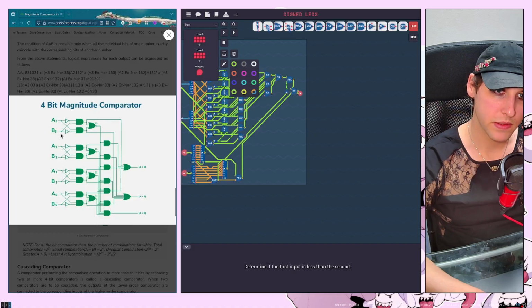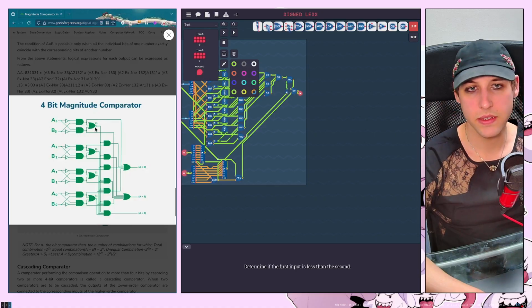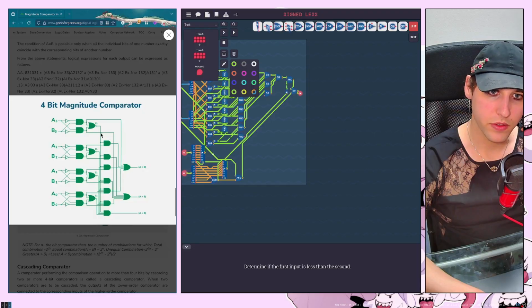So B, yes. If B is true, A is not true, then B is greater than A. This is the most significant. So in which case, if either one of these are true, right?